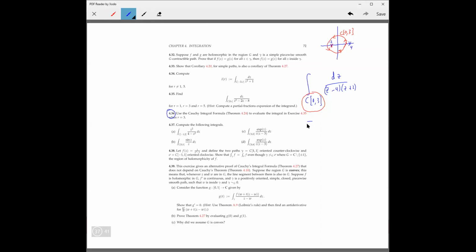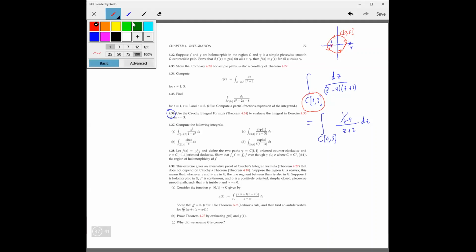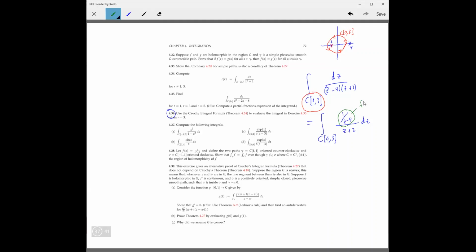So what you want to do is look at it this way. Where this right here in the numerator is kind of like your f of z from Cauchy's integral formula, right?